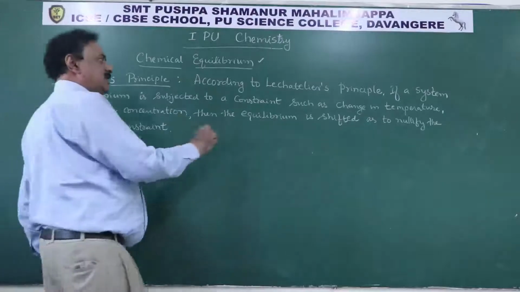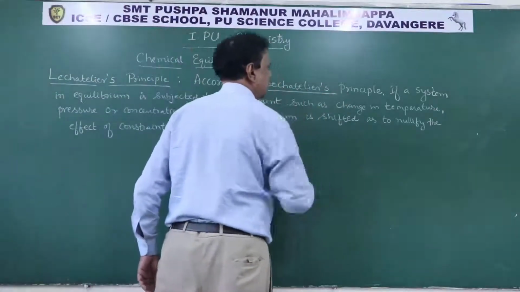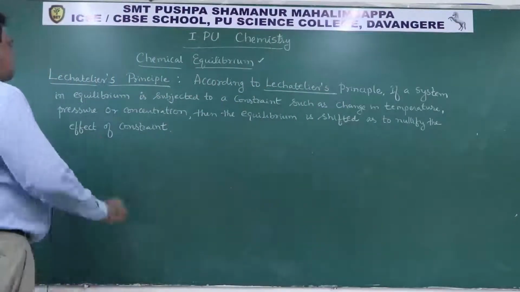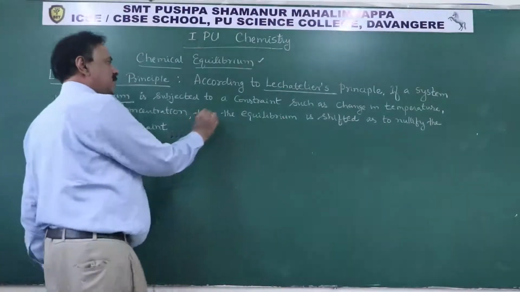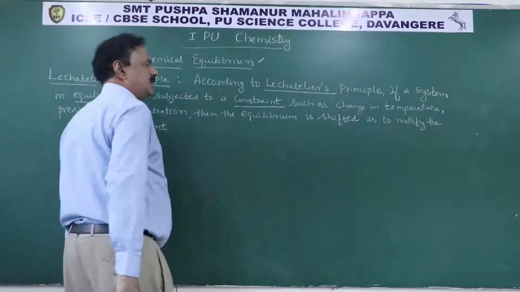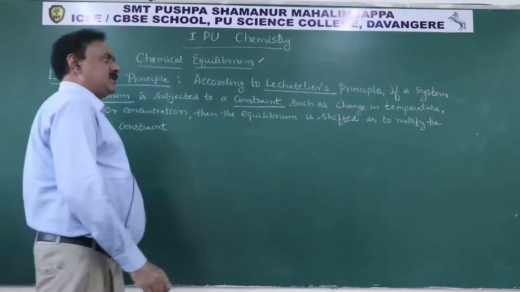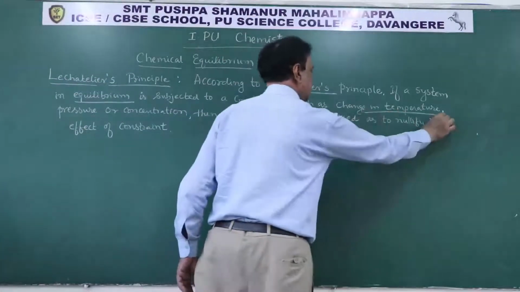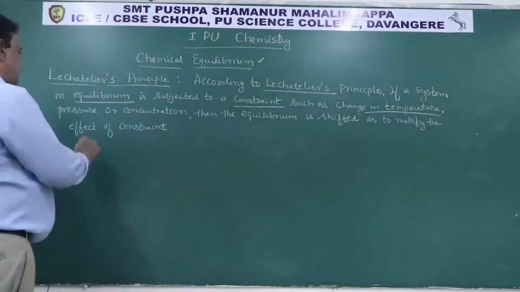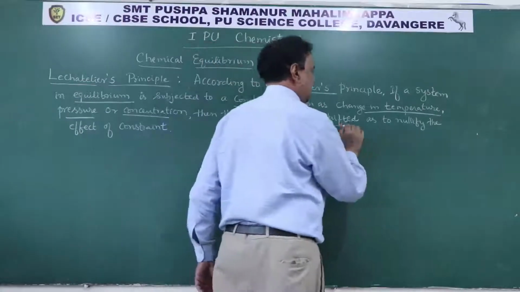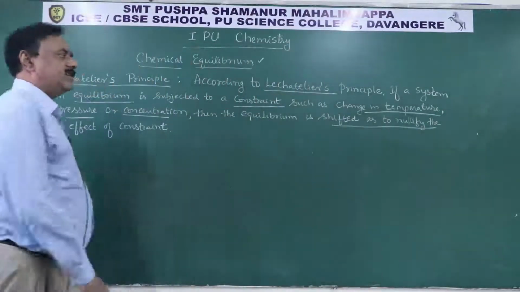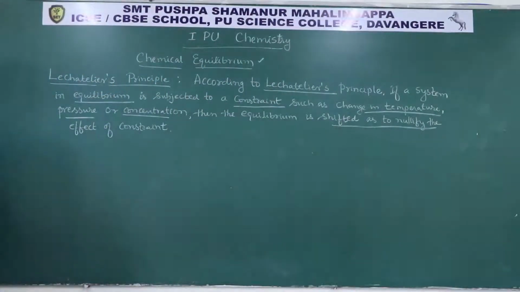According to Le-Chatelier's principle, if a system in equilibrium is subjected to a constraint, this is very important, a constraint such as change in temperature, pressure or concentration, then its equilibrium is shifted in such a way as to nullify the effect of the constraint.